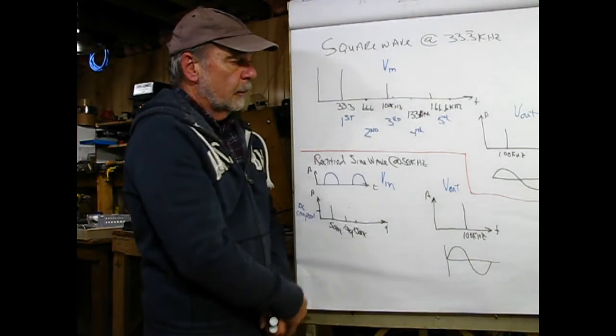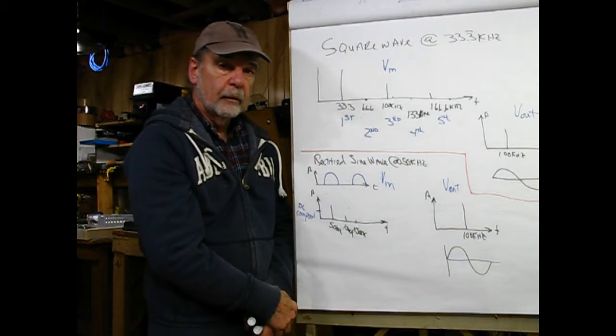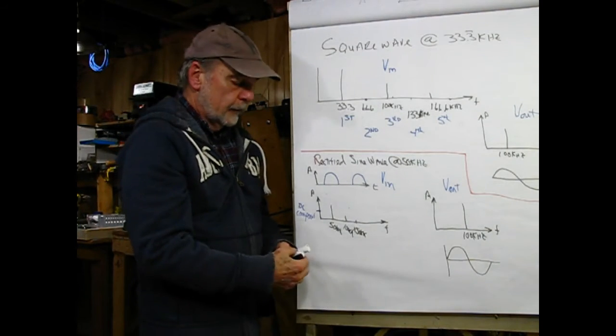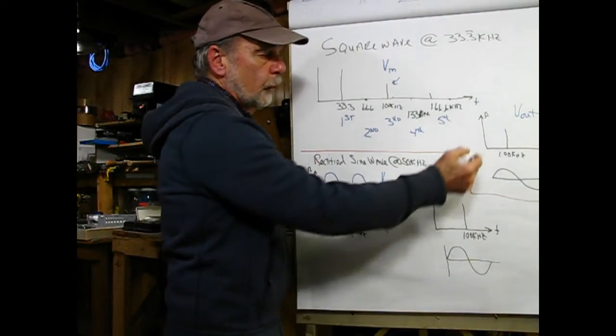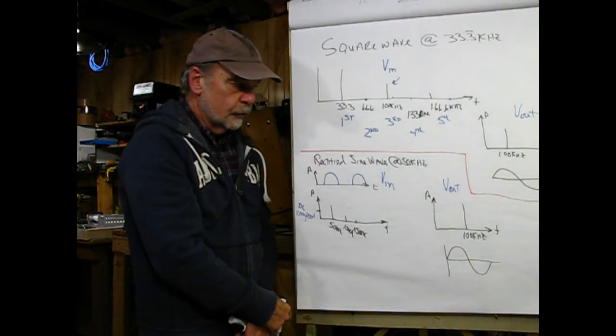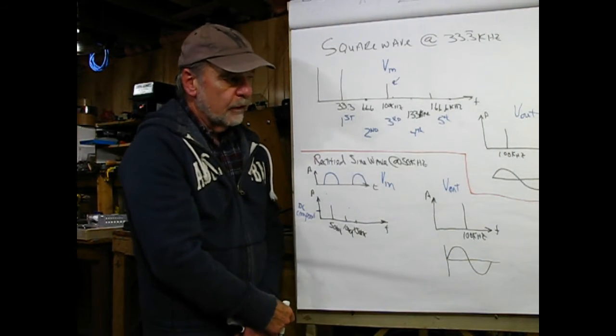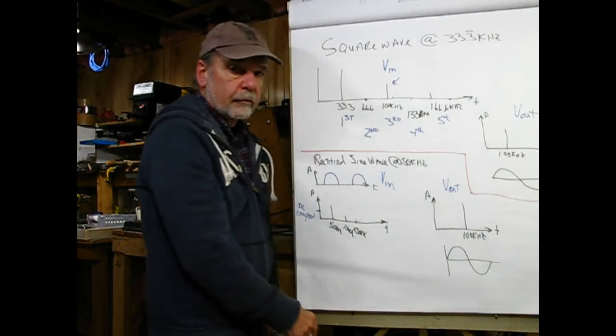Fourth harmonic, fifth harmonic, and so forth, and we're feeding this into the frequency multiplier, and this little guy right here is going to be able to be filtered by the tuned circuit, and what we'll see coming out of that is going to be a 100 kilohertz sine wave.